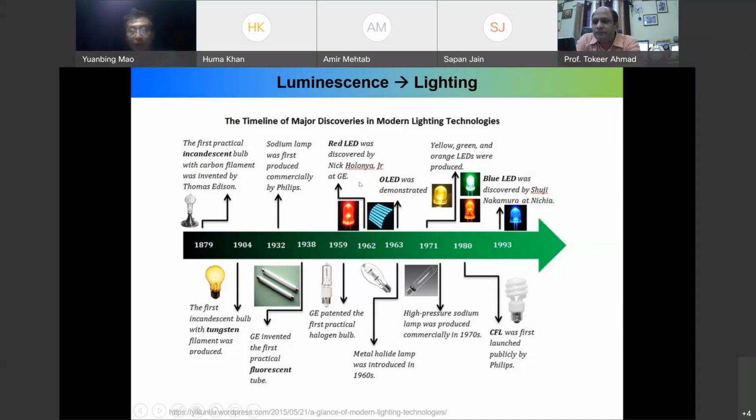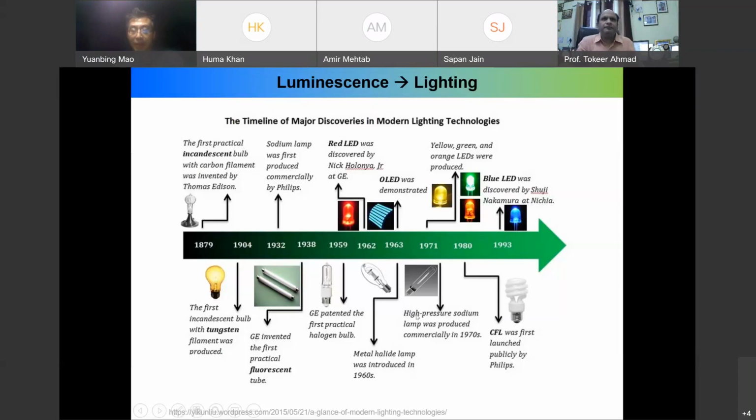Then slowly it becomes the age of the LEDs. The first real LED was discovered by Nick Holonyak at GE in the 1960s. Then organic LEDs were demonstrated in 1963, and metal halide lamps were introduced in the 1960s as well.